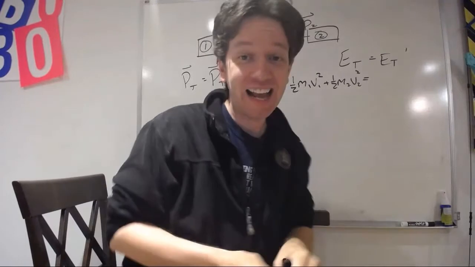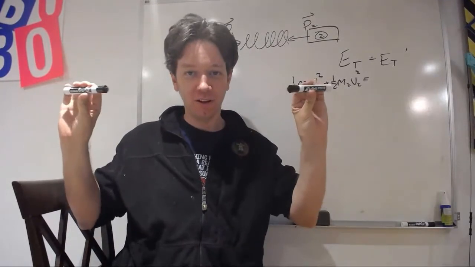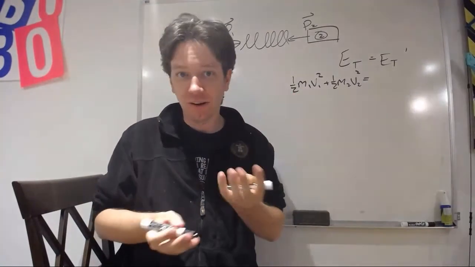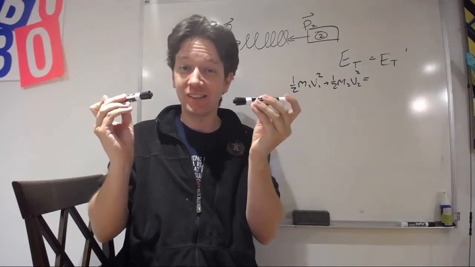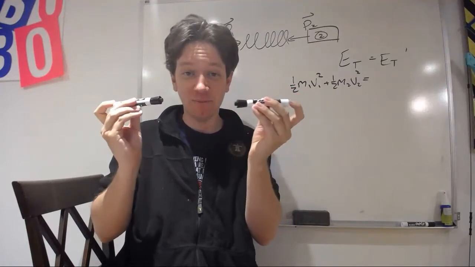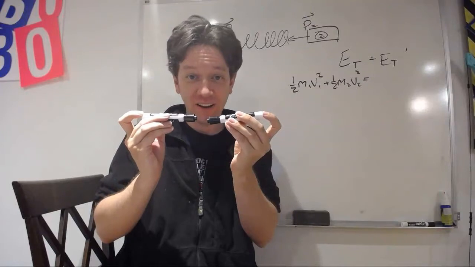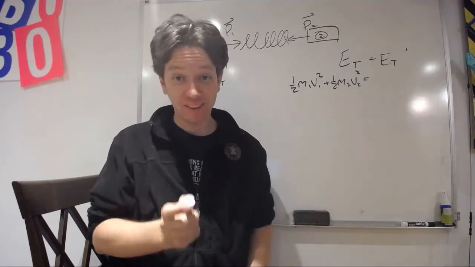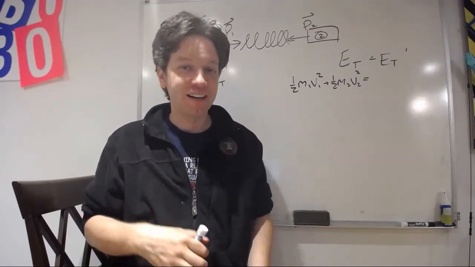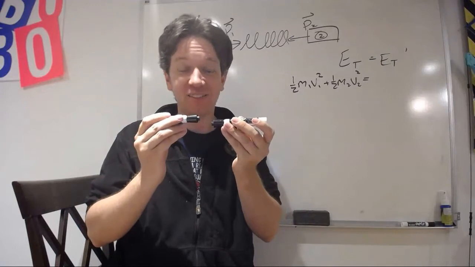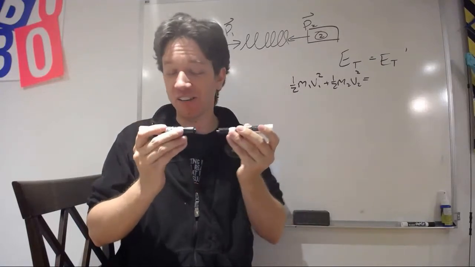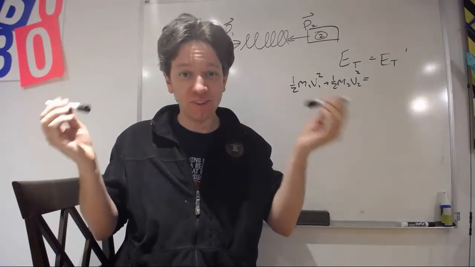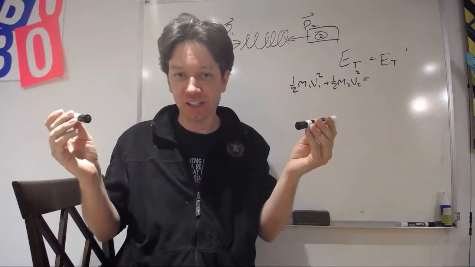If the carts had the exact same momentum, then they would hit the spring, and the spring, which would apply equal and opposite forces on both of them, would cause them to accelerate at the exact same rate, and they would slow down, come to a stop, and then move apart. So in that case, yes, the two carts will have a velocity of 0 during maximum compression, but that's a very specific case. That's only in the case where the two carts started off with the exact same momentum, just in opposite directions.